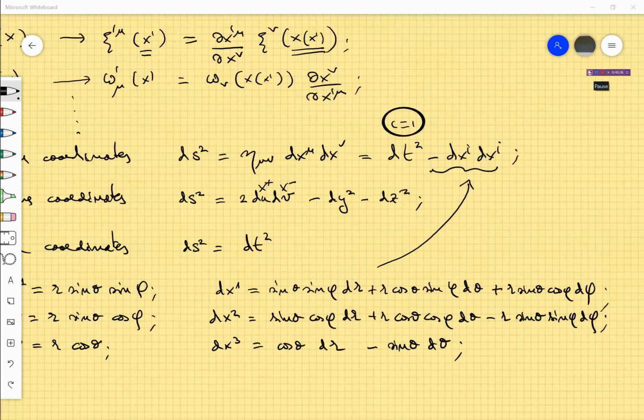So I have to compute dx1 squared, dx2 squared, dx3 squared, and then I have to add all of them. If you do this calculation, which I advise you to do as an exercise, what you should find is minus dr squared minus r squared times d theta squared plus sine squared theta d phi squared.